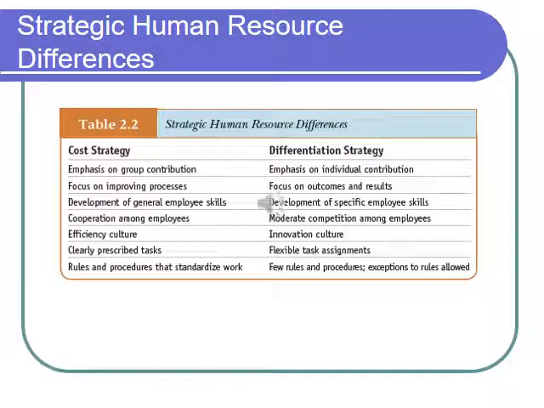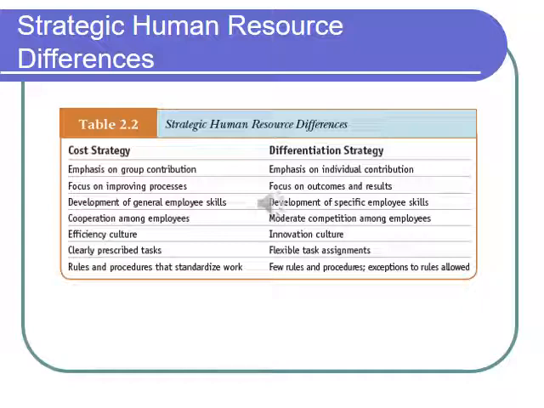If you look at this slide, it actually compares cost strategy and differentiation strategy. So what will the practices be when you have a cost strategy versus a differentiation strategy? When you have cost strategy, you emphasize group contribution, so you need your people to contribute and complement each other's work.